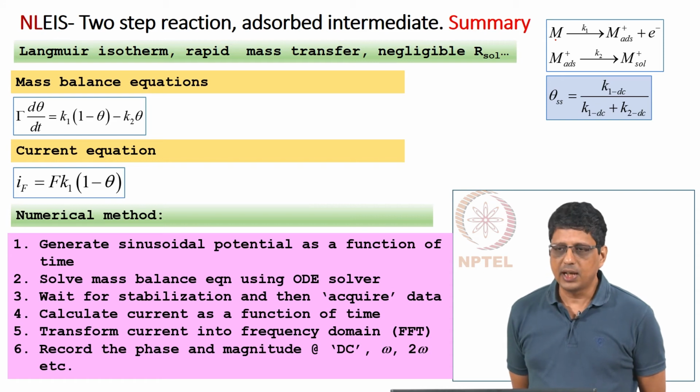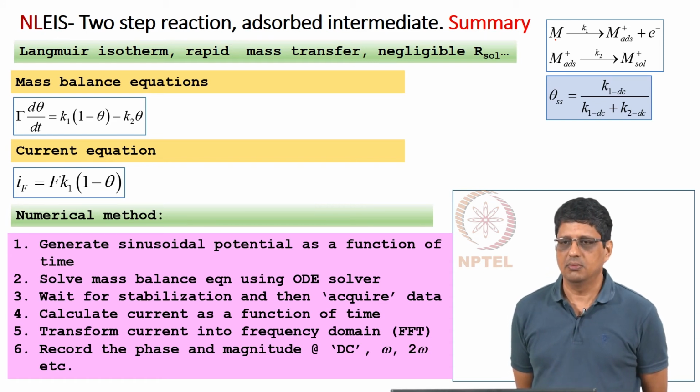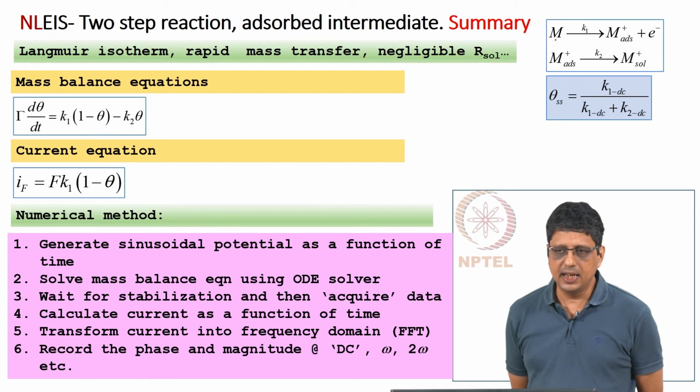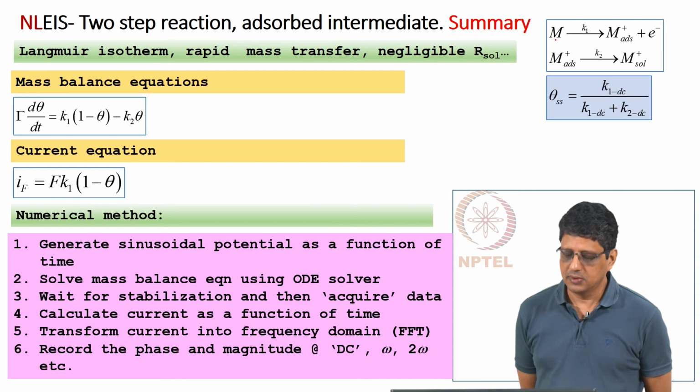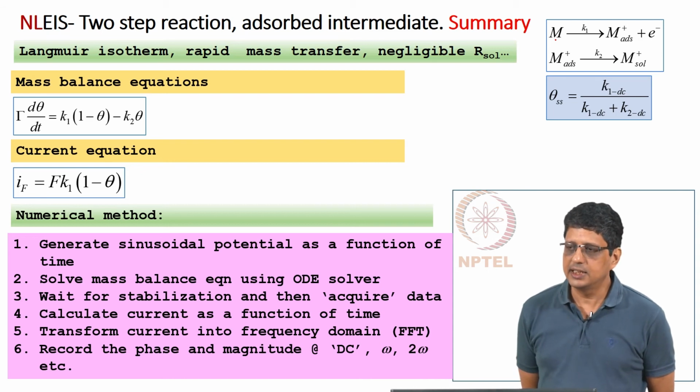Recognize that it takes some time for the response to stabilize, wait for certain time and then start recording the data, and this is true even when you do experiments, because the system takes certain time to stabilize.